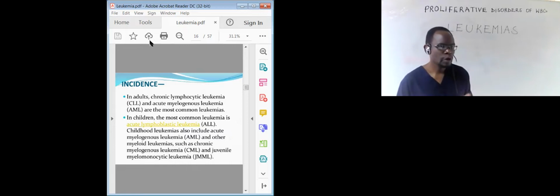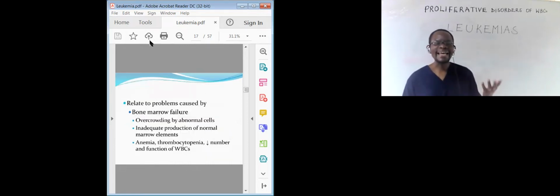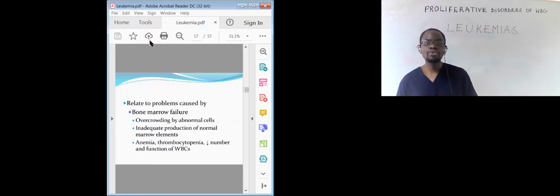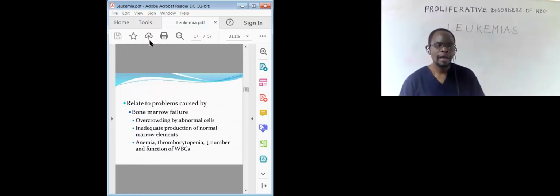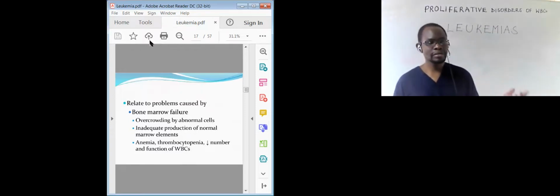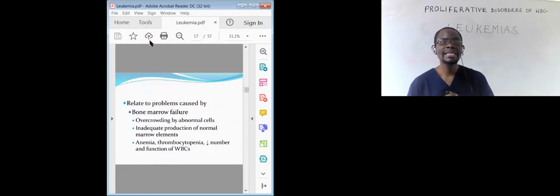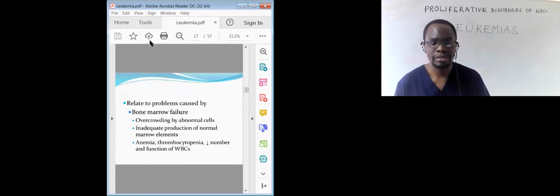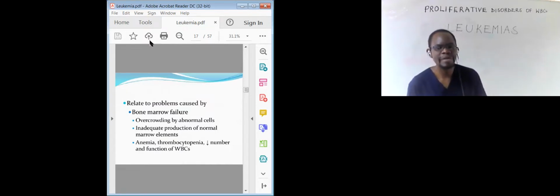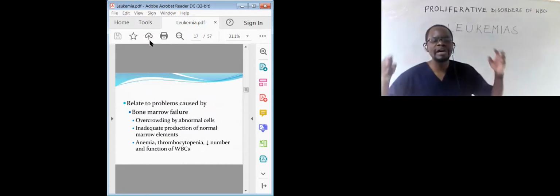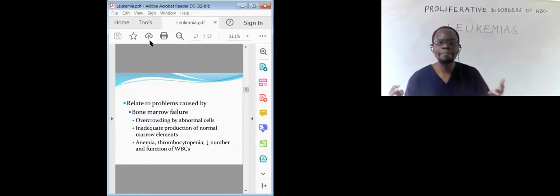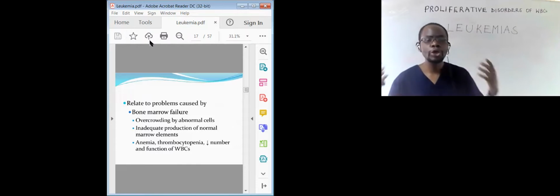All right. Now, what are other related problems? What does leukemia cause? Having too many cells would actually not be a problem, but what actually happens is that these cells proliferate so much that they end up suppressing the normal cells.